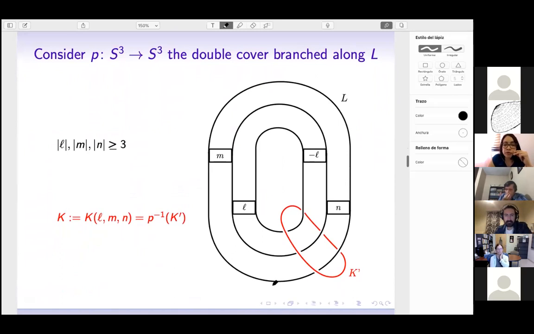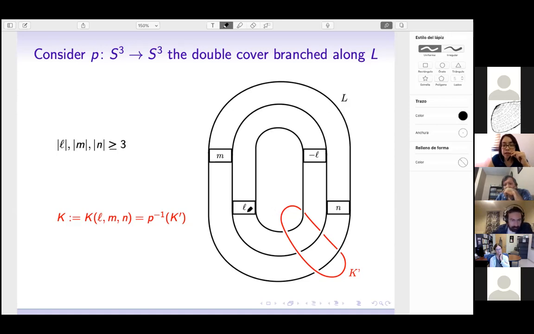So for the proof, consider this diagram where each one of these boxes has the numbers that indicate the horizontal crossings, and the absolute value of L, M, and N is greater than or equal to 3. And let's see that the knot L is trivial.